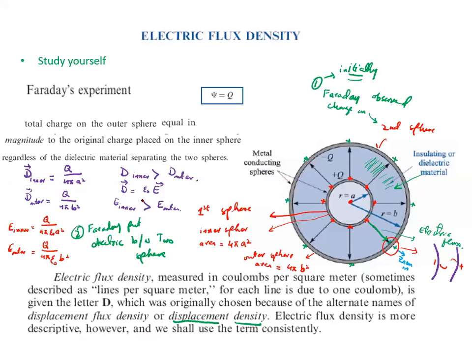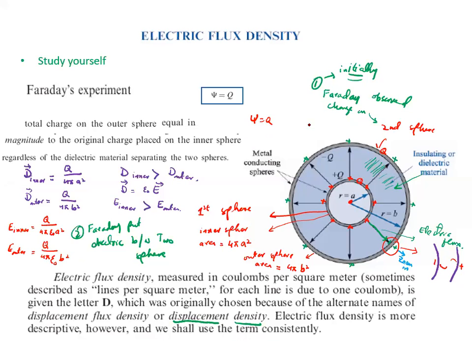Okay. So now one more thing. Psi equals Q. So charge here is Q. On the inner surface, how much charge we have? Q. On the outer surface, how much charge we have?